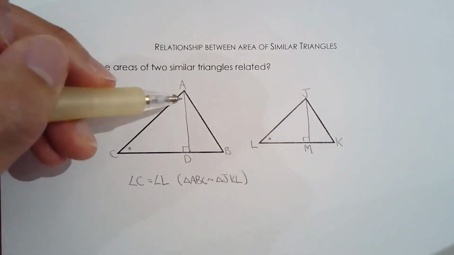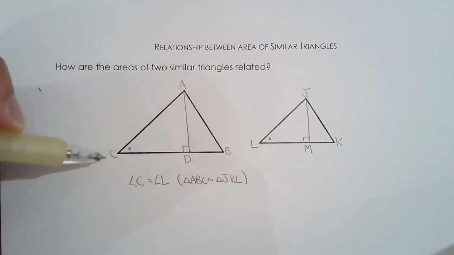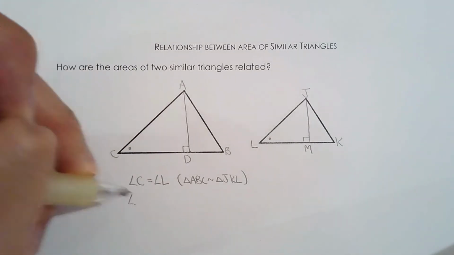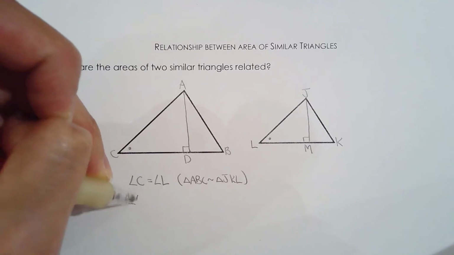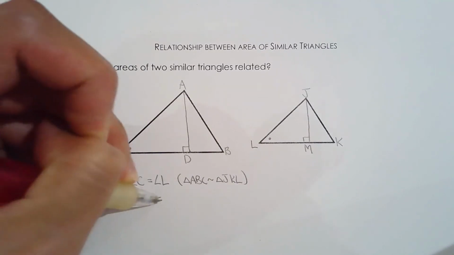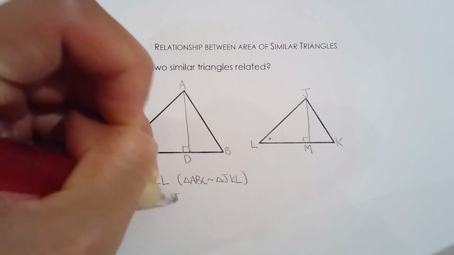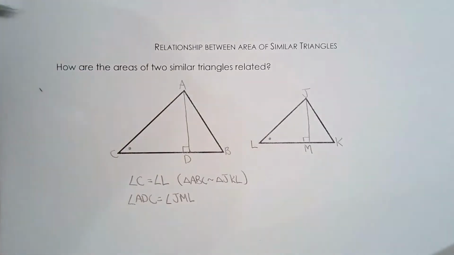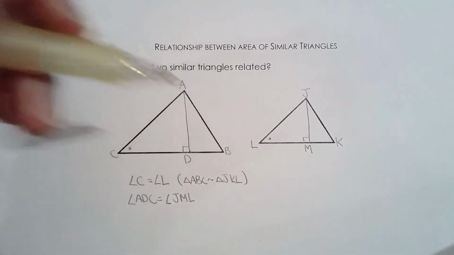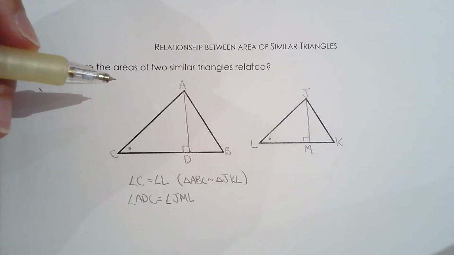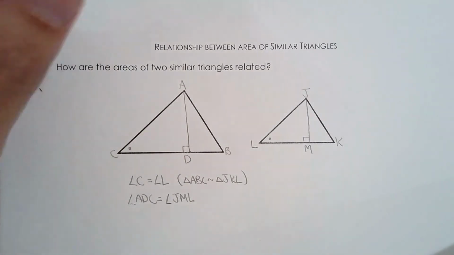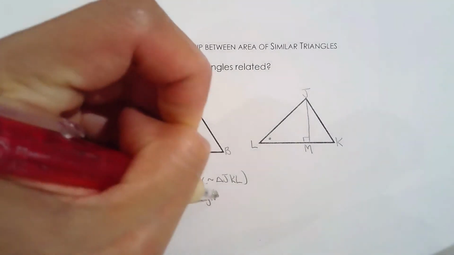Now, what else do I know? Angle ADC is congruent to angle JML. Okay, and that's obvious because we said that they were both right angles there. So that is given.